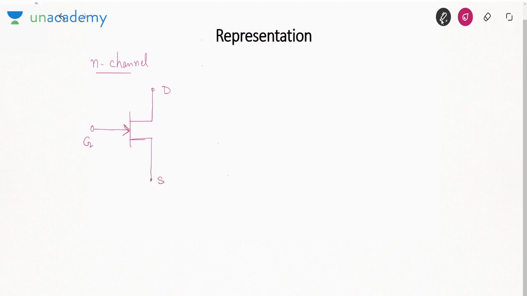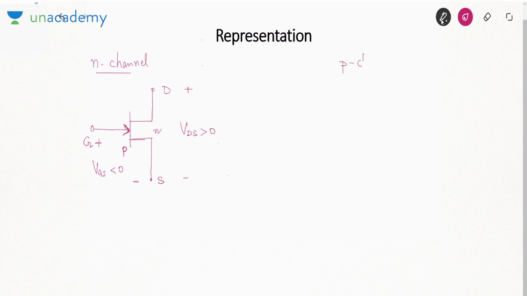This arrow entering indicates this is P region. Okay. And this is N. Because in P region the current always enters. So this voltage will be called VGS, which will be taken as negative, and this voltage will be called VDS, which will be taken as positive.